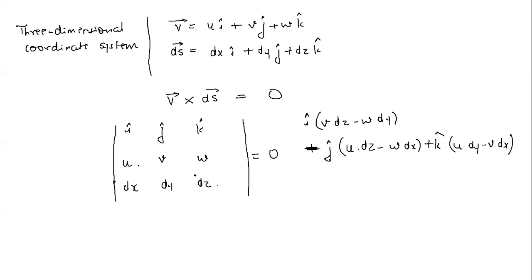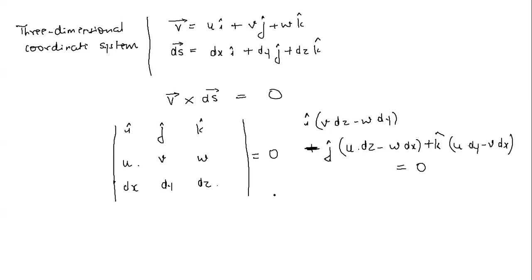If you are taking k cap, then exclude this column, take the remaining two. If you are taking j cap, then exclude this column, take the remaining two. Similarly, if you are taking i cap, then exclude this column, take the remaining two. Very simple. Just keep in mind that when you take j cap, there should be a negative sign here. So this should be equal to 0.